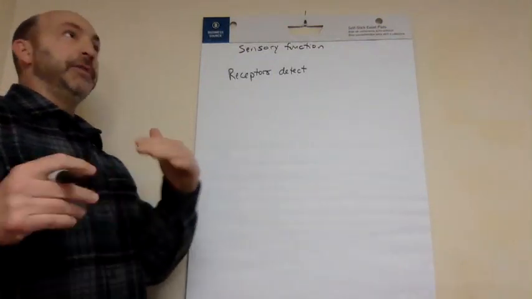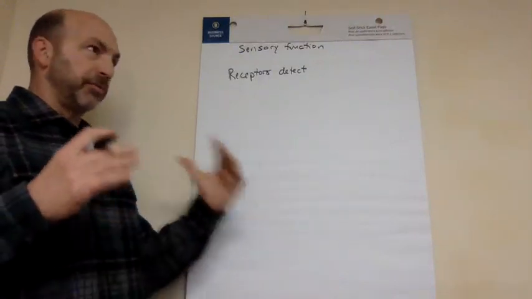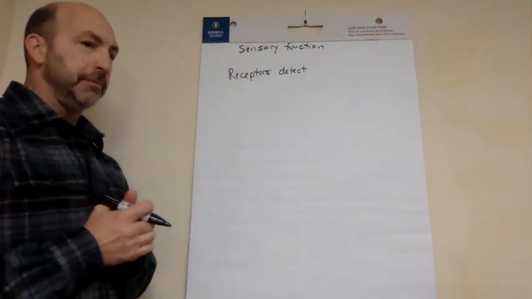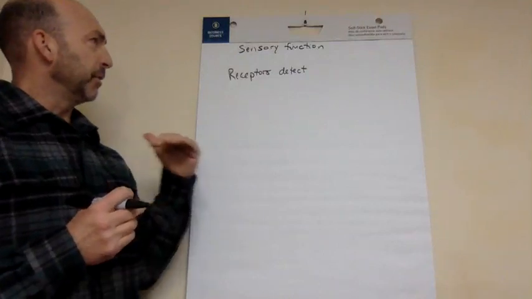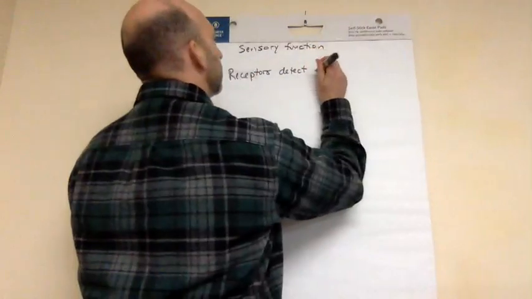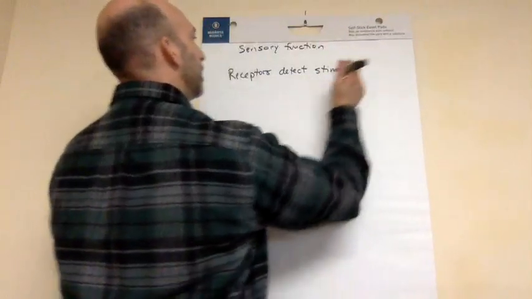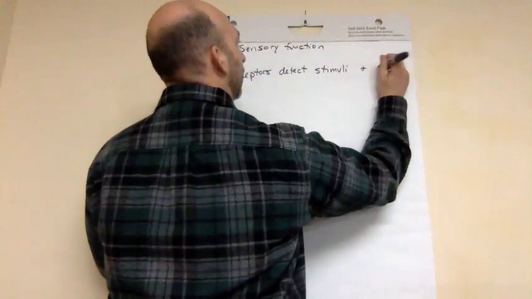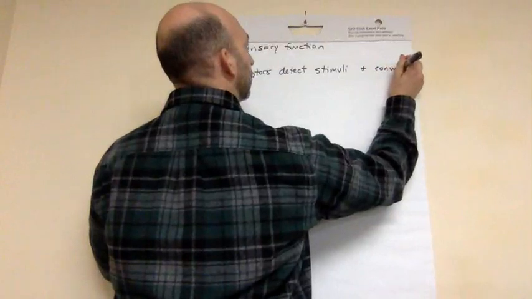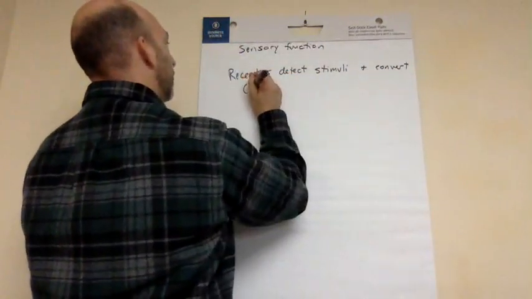And they detect all of these potential stimuli that come in a variety of forms that I'll lay out in a minute. But what they do is they take that stimulus and they convert it, which is called transduction.